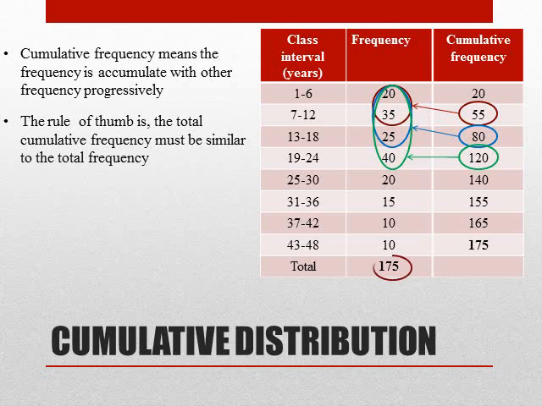Here you can see that the total frequency is 175, and the cumulative frequency is also 175. If you get a difference between the cumulative frequency and the total frequency, maybe there is a problem in your calculation, so you need to check that.